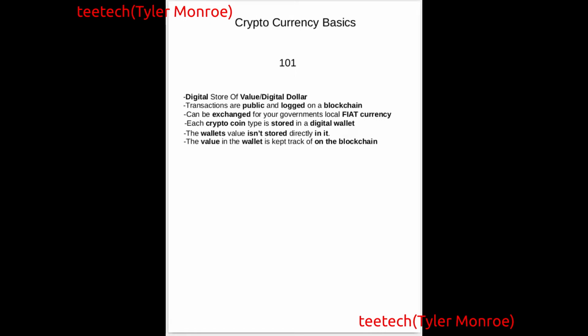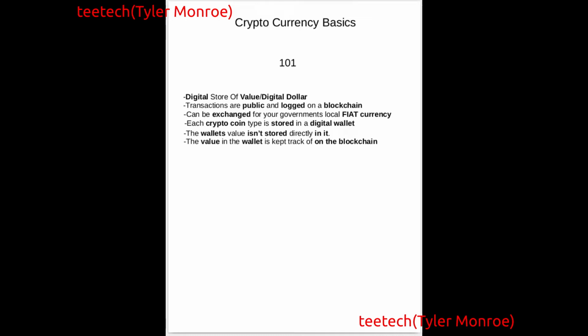Essentially, it is a digital store of value. It can be thought of sort of like a digital dollar, but it isn't really quite used like our normal currencies. It's more of just a store of value at the moment, more like an asset, like gold or silver, things like that.